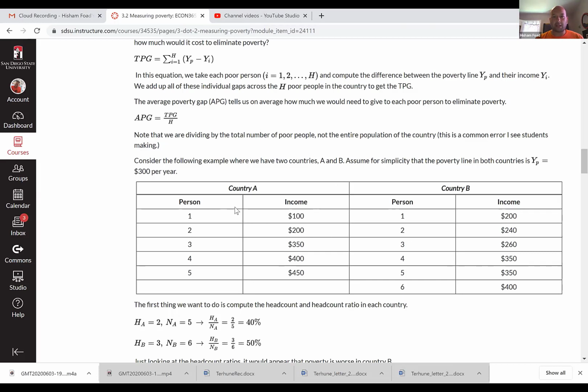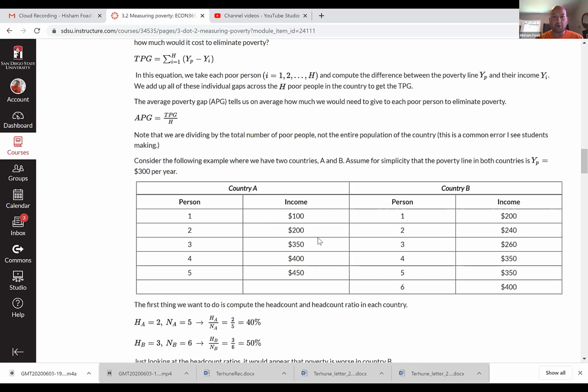What I've got here is country A. Country A has 5 people, and I've got their annual incomes listed here. We're going to assume that the poverty line is $300 a year. Person 1 makes $100, person 2 makes $200, person 3 makes $350, person 4 makes $400, person 5 makes $450.